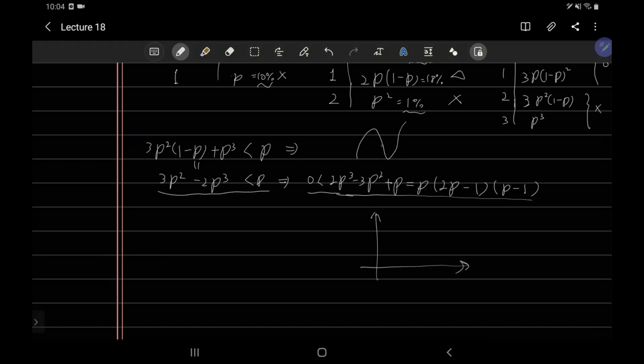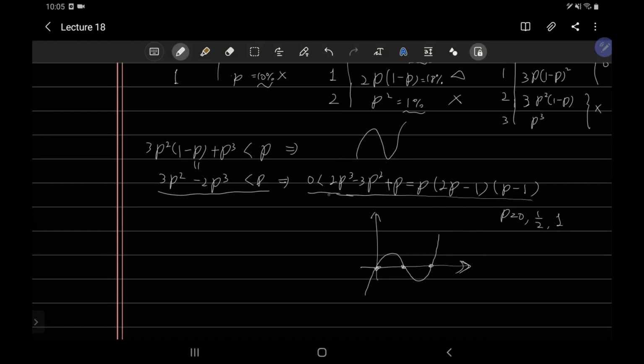To draw the correct plot, we have to figure out where this polynomial crosses the value of 0, and then it is either p equals 0, p equals half, or p equals 1. So this curve will cross these 3 points, and the most reasonable plot will be something like this one.